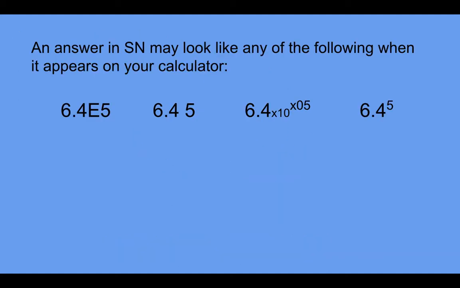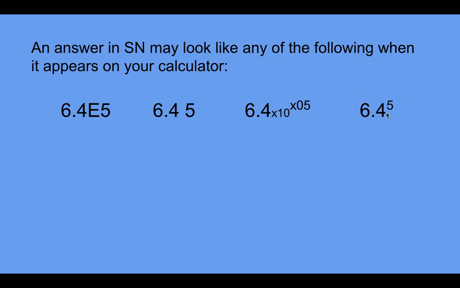Okay, now let's look at what the answer is going to look like on your calculator. I've seen it in a variety of different arrangements. So 6.4 E5, 6.4 space 5, 6.4 with the little times 10, times 05, and then this last one, I don't know if I actually see this anymore.